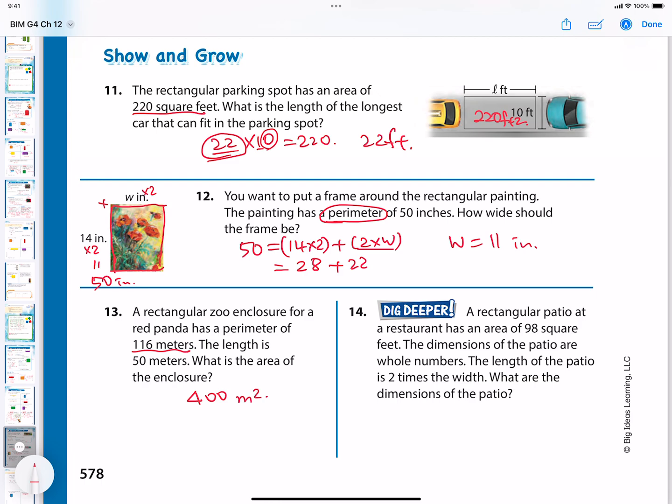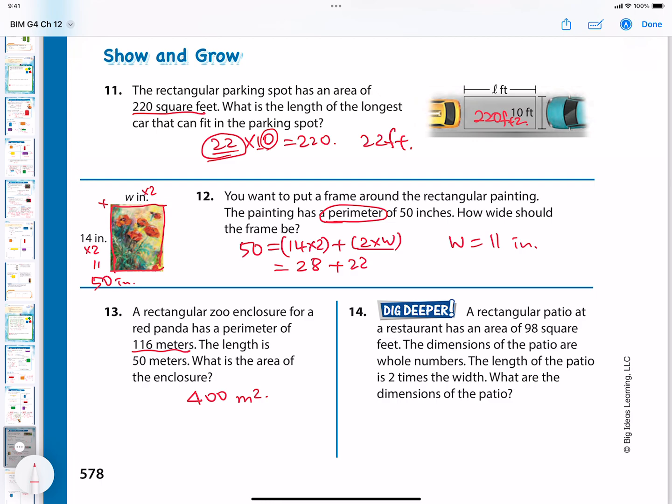Number 14, a rectangular patio at a restaurant has an area of 98 square feet. The dimensions of the patio are whole numbers. The length of the patio is 2 times the width. What are the dimensions of the patio? Okay, dimensions, you have to find the length and width. I want you to figure it out. I'm sure many of you have questions.